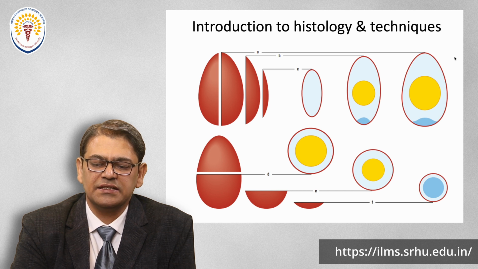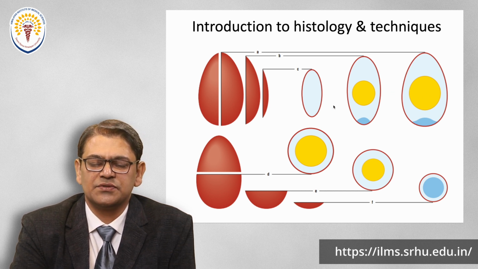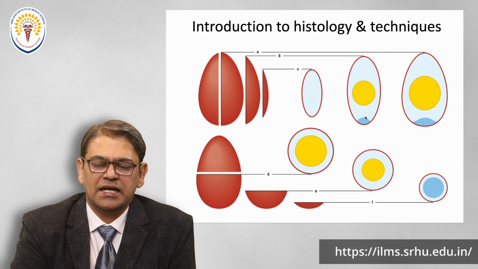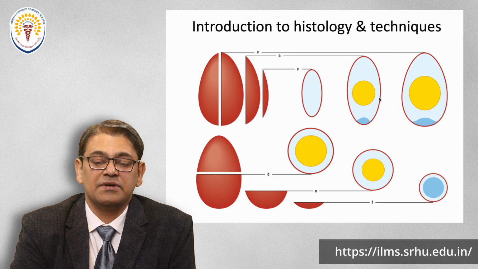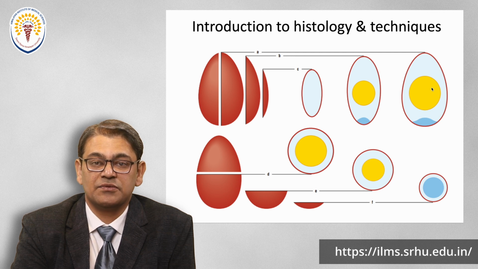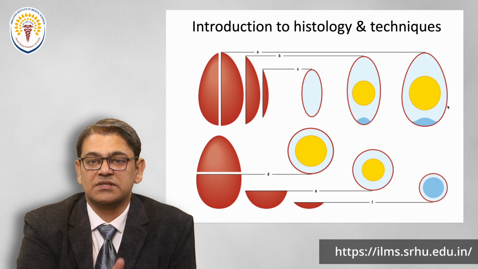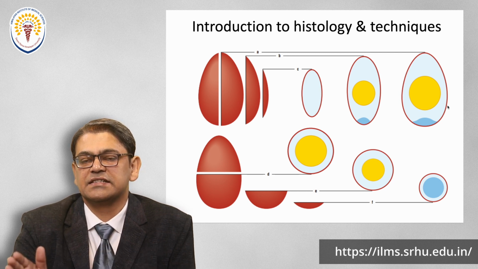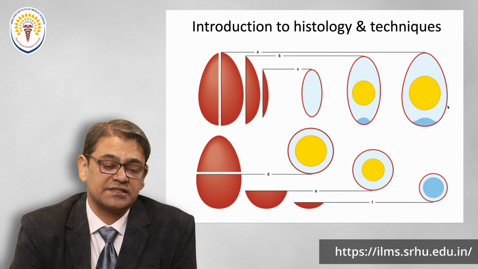Now you see here various diagrams or pictures you see through the microscope, and you cannot give a judgment at one glance. In one section you cannot depict it completely. Never be in a hurry in prediction in histology. Just take a couple more sections, analyze them, and then you can analyze the complete structure. So histology is about the series. If you create this series of sections, then only can you understand the complete structure.